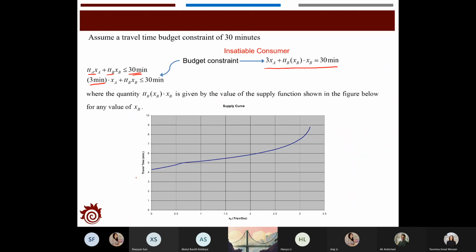So the vertical axis is TTB, and the x-axis is XB. So if we have this information, we can easily identify how to find out the optimal solution. So that's the budget constraint that we need to think about, and how the budget constraint is linked to the supply curve.